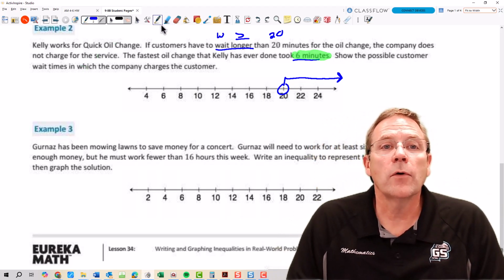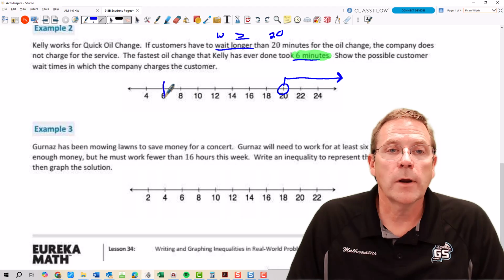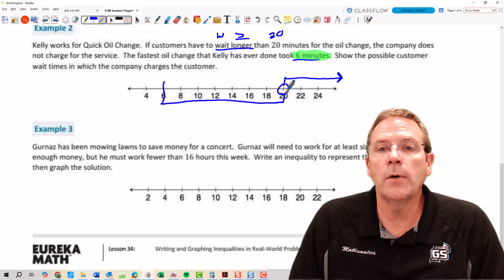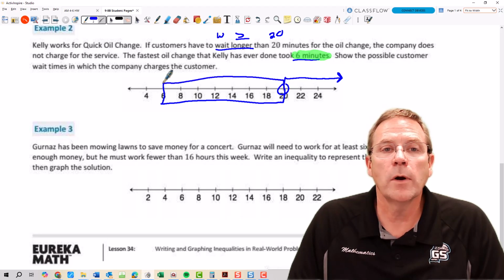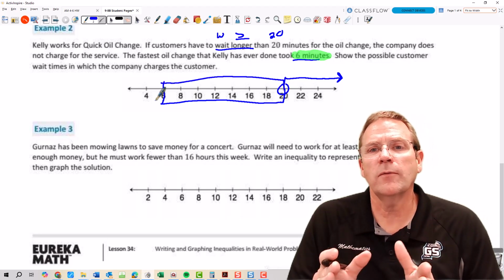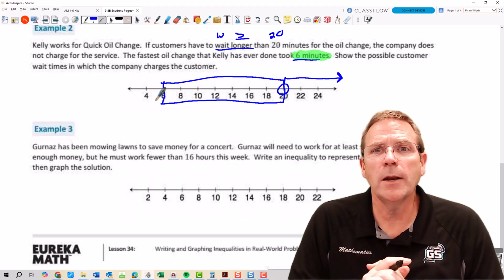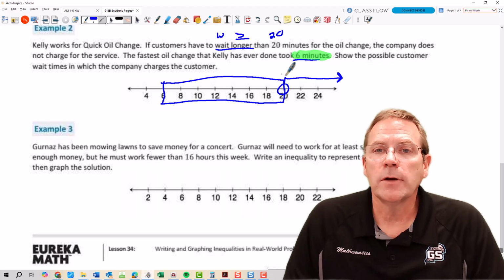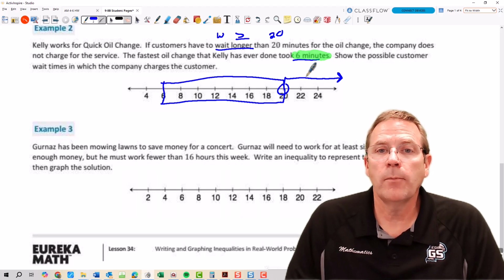And those are going to be from where Kelly has her 6-minute record all the way up to and including the 20-minute window. So from 6 minutes all the way up to and including 20 minutes is going to be customer paying. And if it is greater than 20 minutes, like I put on my graph right there, then it's going to end up going for free for the customer.